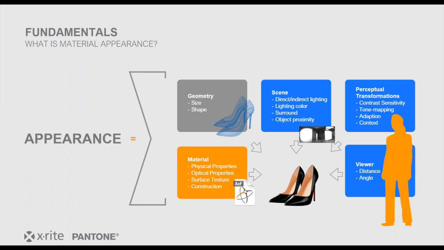So in this particular case, we want to look at the independent characteristics of that material so that they can be used in multiple situations. Our TAC scanner produces an AxF file which contains the optical properties, maybe not all the way from a physics standpoint, but from an appearance standpoint, the optical properties that communicate effectively what that appearance is supposed to be.